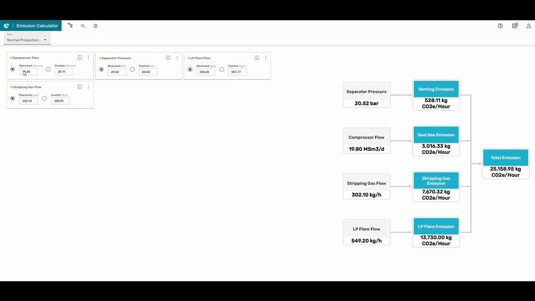So then, of course, you could pull in the measured data from your real-time system directly and utilize that to have the model running to output the various emission sources, as we see here, but also go into calculation of the total emission number in various production modes, or other type of what if analysis that you want to do.